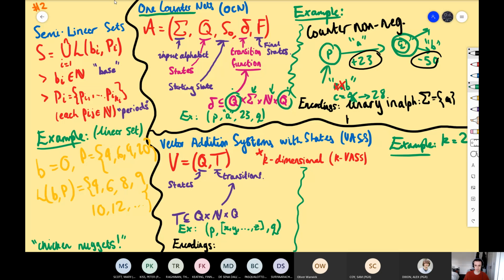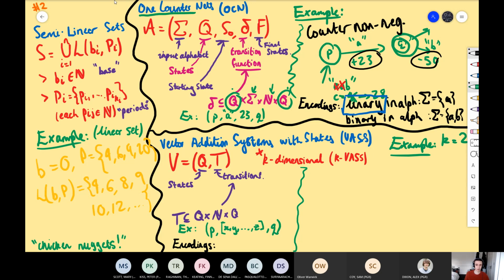You can have binary ones, input alphabets, in which you have more than just A, say A, B, like this example here. I will generally be focusing on the unary case. I'll talk a bit later maybe why. The binary ones are more complex, but for now, the unary ones seem interesting.